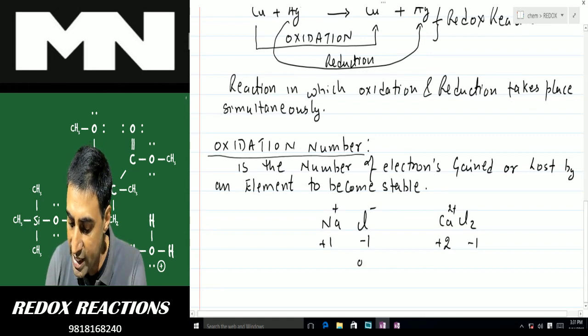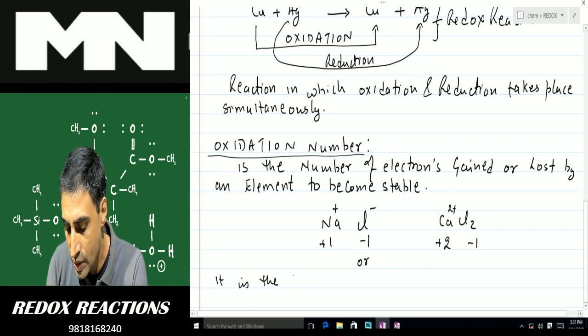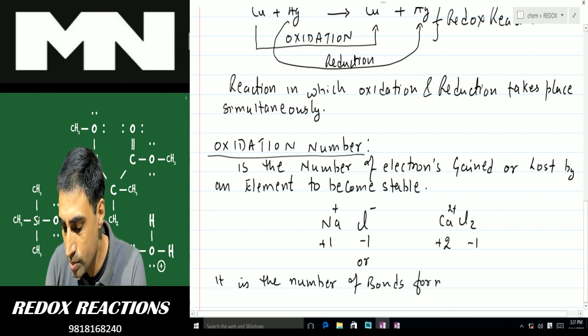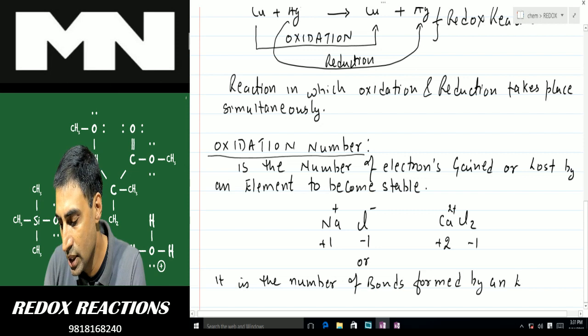We can also define it in another way. The other way is, it is the number of bonds formed by an element.